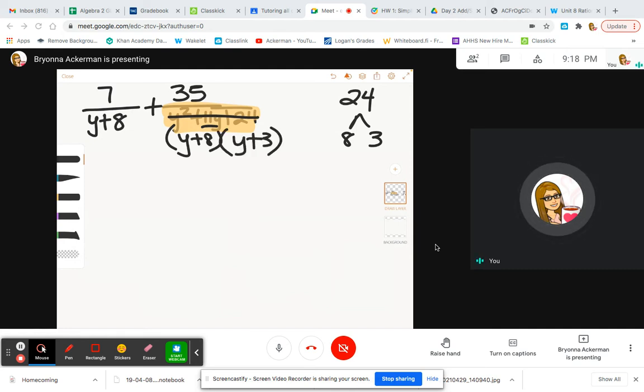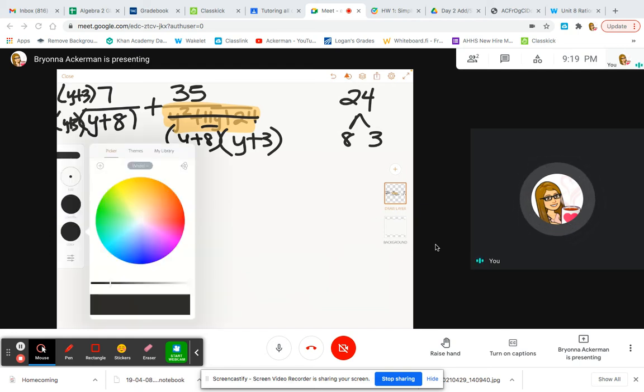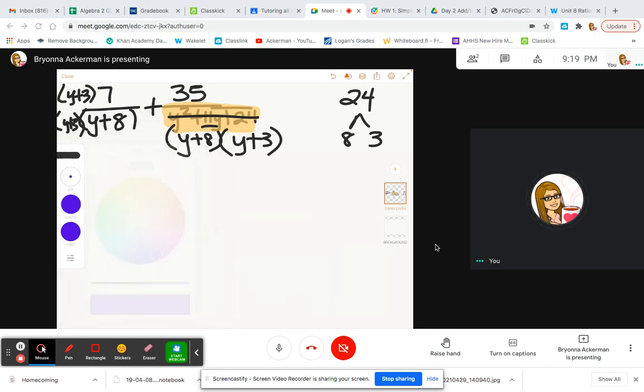Now, if you look at the two denominators, it looks a little better. The only thing that's different is that the left fraction is missing that y plus 3. So we have a common piece that we can help the denominator with. We multiply the top and the bottom by that missing piece, y plus 3, because then the denominator will be y plus 8, y plus 3.